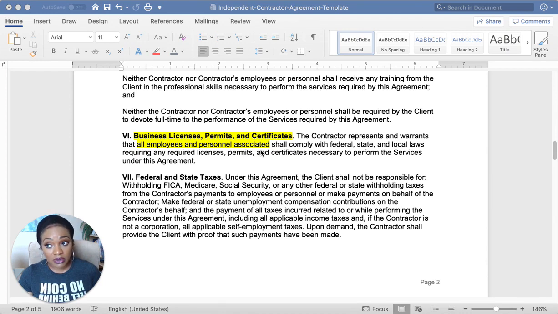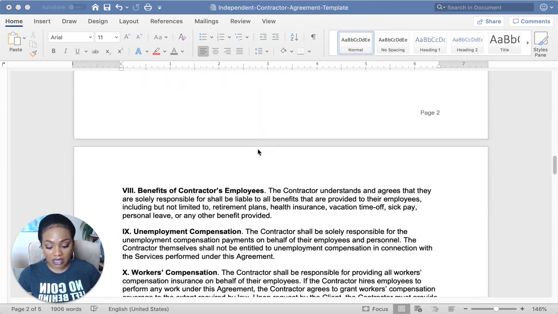The client or the contractor? You get what I'm saying? It could be a little bit hazy. It's yellow because in the context of the rest of the agreement, I think it is clear that it's talking about the independent contractor. However, again, with contracts, it's so much better to be absolutely crystal clear, if at all possible.